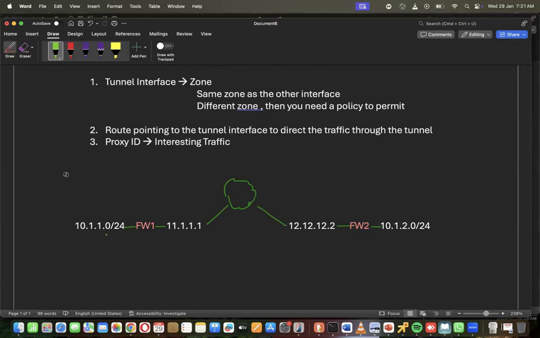So on the firewall, one interface is connecting to the local network, and the other interface, which has an IP address of 11.1.1.1, connects to the internet. Firewall 2, again, the local interface has 10.1.2.0. The outside interface connecting to the internet is configured with 12.12.12.2. This is our setup. Let's assume like that. I'm just going to do the configuration only on one end. The same way you have to do the configuration on the other end for the tunnel to be established.